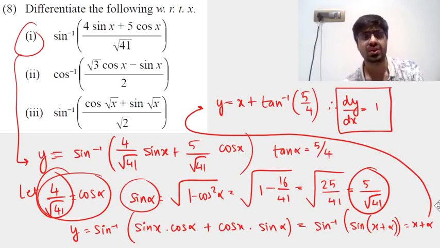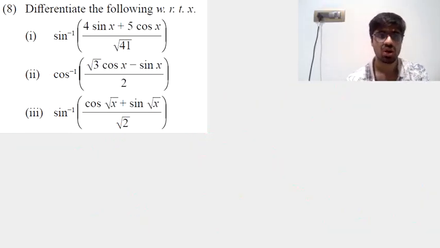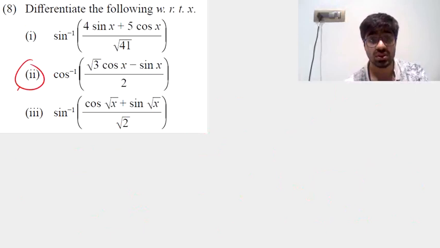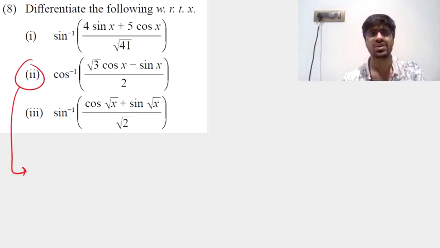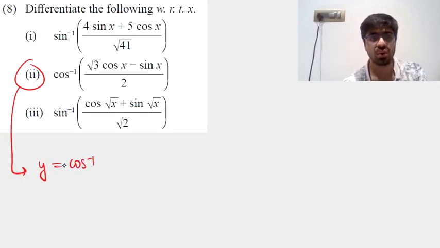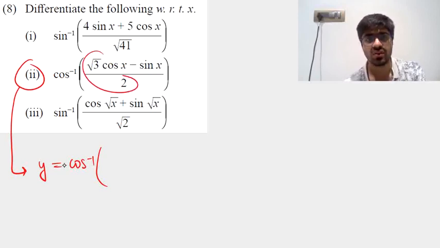In a similar way, we need to solve the second and third question also. For the second and third question, there's no substitution that we have to take because we already have the value of cos inverse root 3 by 2 with us. Now because this is cos inverse, we will prefer to write root 3 by 2 as cos 30.